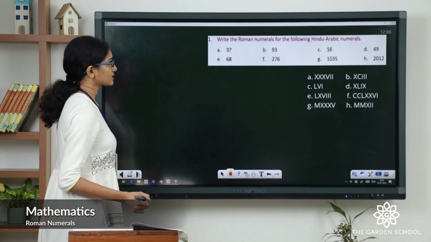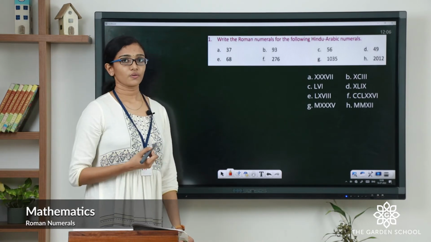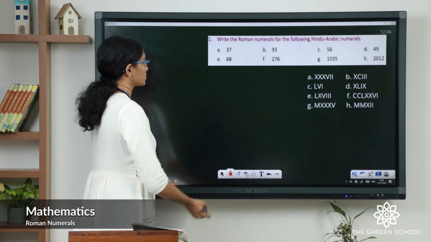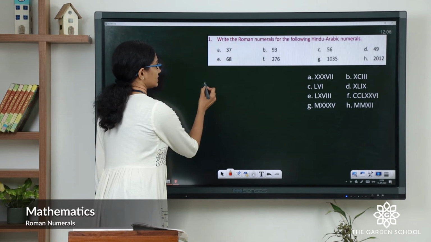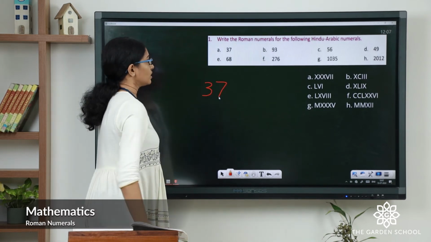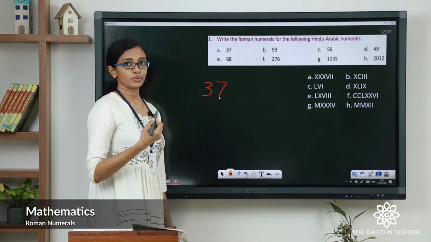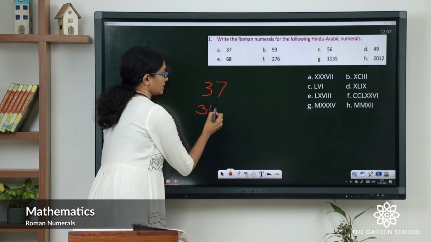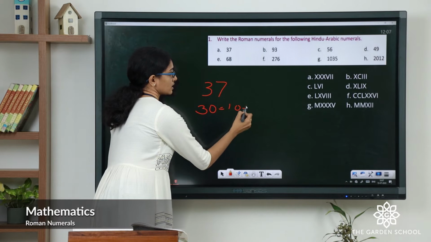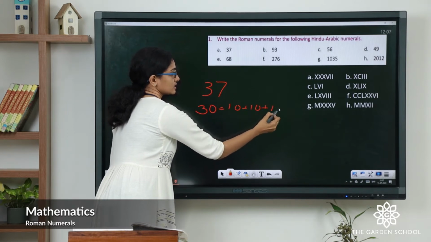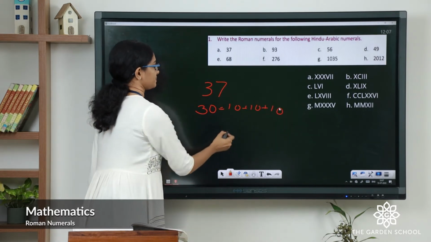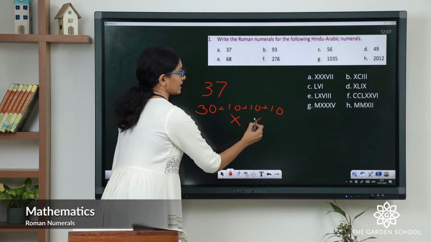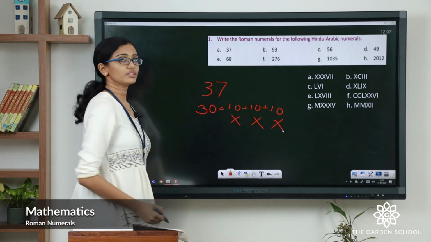Here is the first question. Write the Roman numerals for the following Arabic numerals. So the first one is 37. So 30 we can write as 10 plus 10 plus 10, which is X, X, X. Then you have 7.